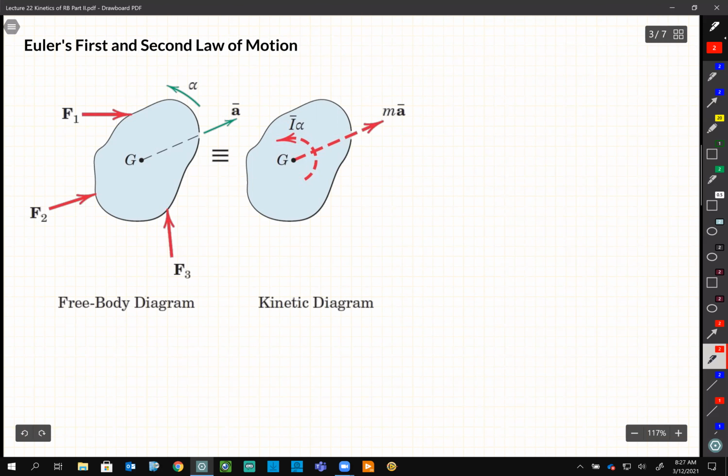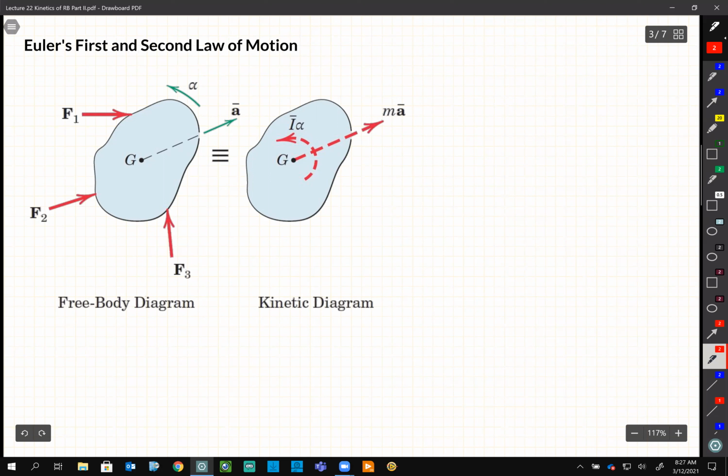Let's assume that this rigid body has a center of gravity, which we show by G. Because of these forces, this rigid body can move and maybe rotate. Whenever a rigid body moves, we have an acceleration a bar, or it may go with a constant speed, so a bar is 0. And it may rotate, so it might have an alpha, or might be rotating with a constant speed, so alpha is 0. But this is a general case.